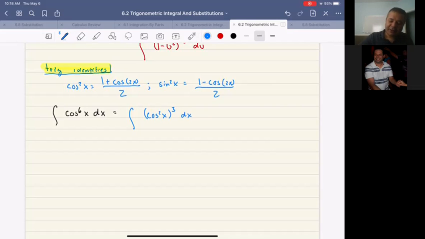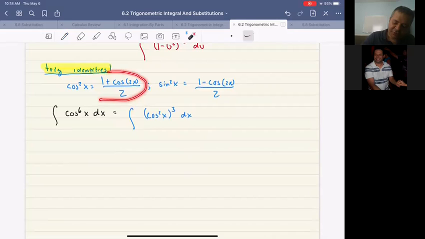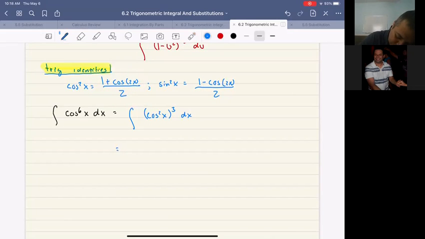Now I have this expression for cosine squared. Let's write it over here. I shouldn't have done it cubed, but oh well, that's how the cookie crumbles.